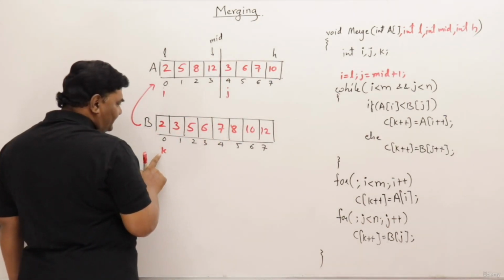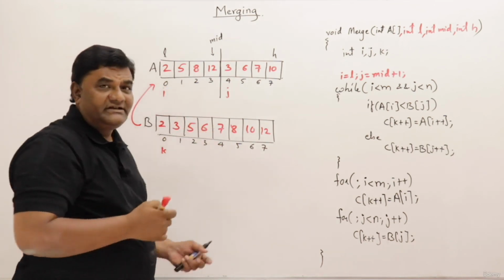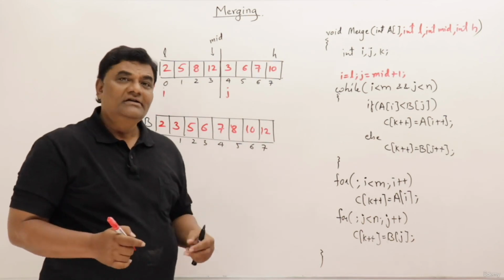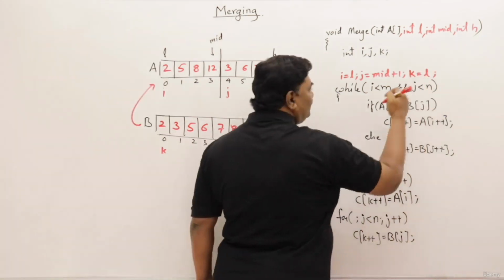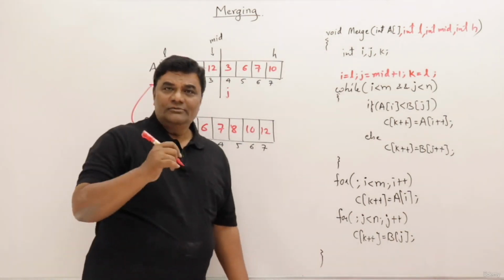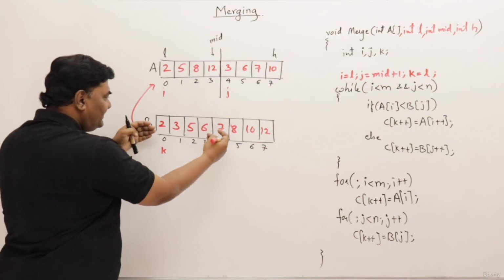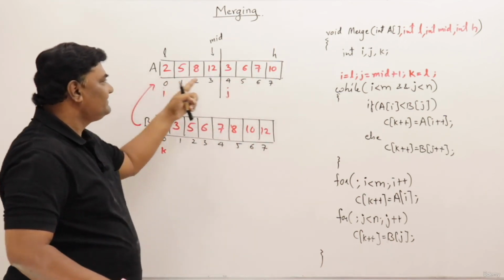And k should not start from 0. It should start from low. We don't know where that low is. In our example, low is from 0. Low can be anywhere, any part of an array. So let us take k also on low. Now one more thing, we need an array to merge all those elements. So we need an array equal to the size of this list, whatever the size is.